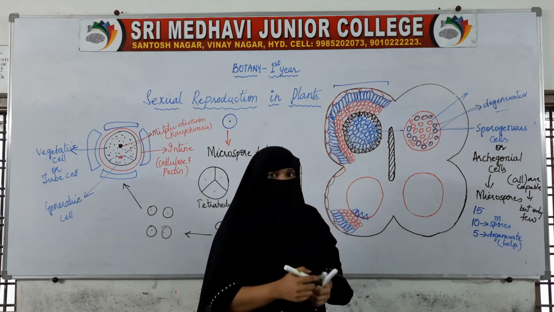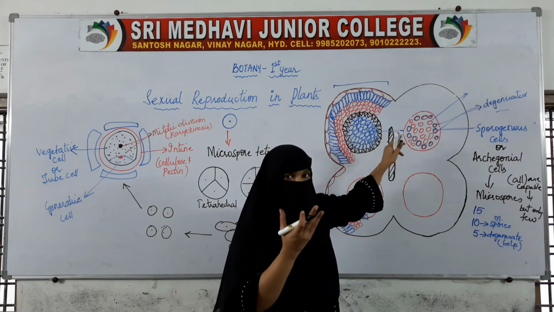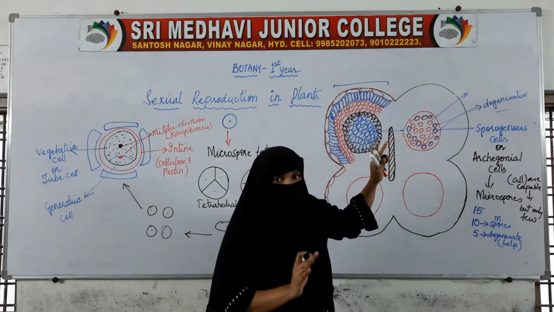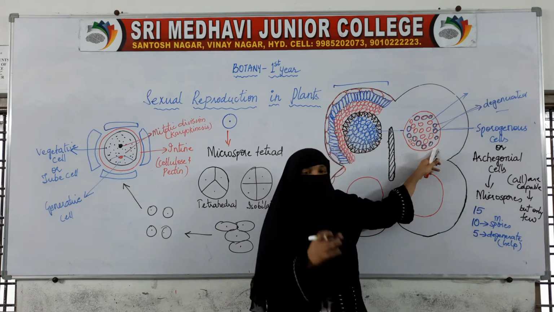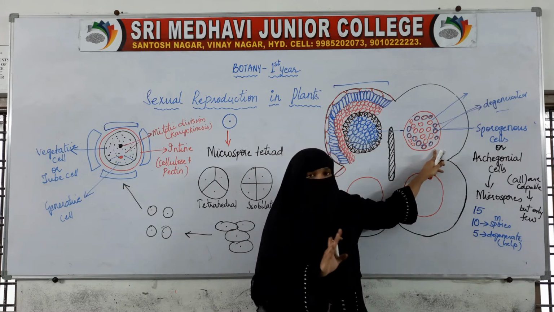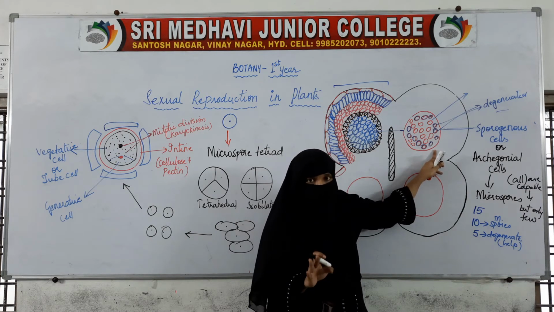And these red color cells, for your convenience, the red and blue color will not actually be there. For your understanding, I am telling you this: the blue ones will degenerate. They are capable, but they won't produce microspores. They will degenerate and help in other processes.